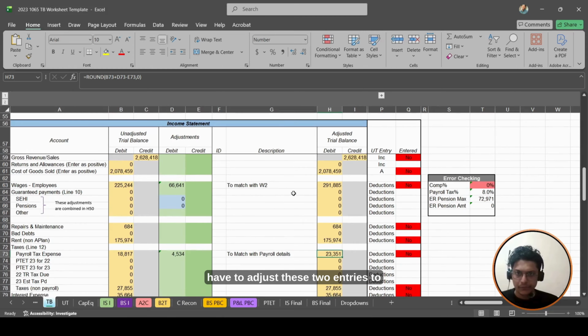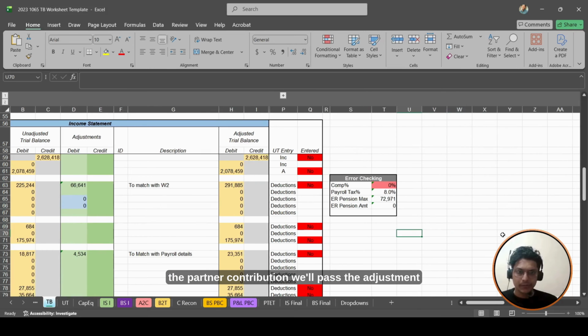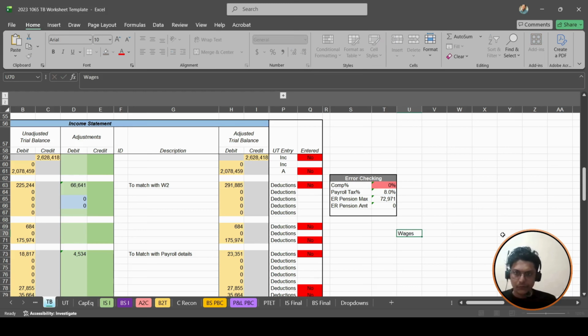Now we have to adjust these two entries to the partner contribution. We'll pass the adjustment entry, wages 66,641, taxes 4,534, this debit, and credit will be partner contribution.